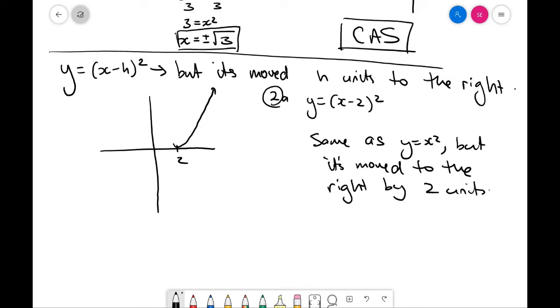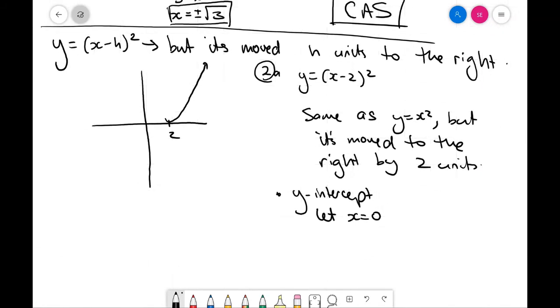And it's probably pretty good to find the y-intercept here as well. So to find the y-intercept, we let x be equal to 0. So we get y is equal to (0 minus 2) squared, which is equal to (minus 2) squared, which is equal to 4. So it's going to cross the y-axis up here at 4.